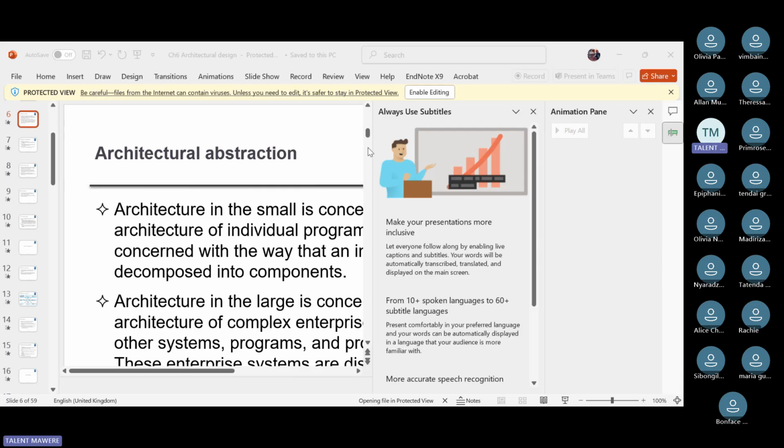So these are some of the questions that you ask yourself when you want to come up with a system architecture. These are the design decisions.